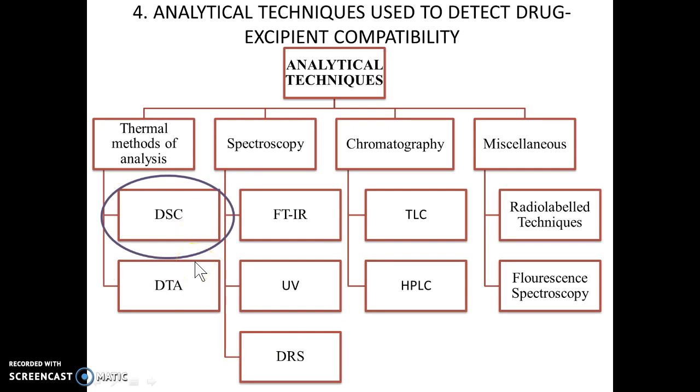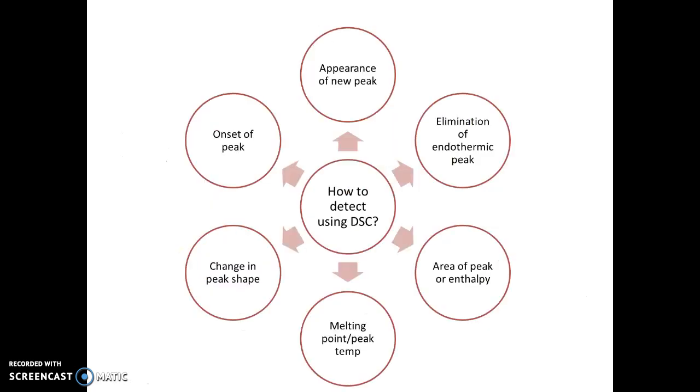So how are we going to detect incompatibility by using DSC? We all know about the basic thermogram of the DSC, and here we take the thermogram of the drug as well as the drug and excipient combination, and we observe these thermograms for the appearance of any new peak or disappearance of an already existing peak, and whether any change is there in the area of the peak or enthalpy, or any change in the peak shape, whether it has become more straight or wider, and the onset of the peak, exactly where it is starting, and the melting point, whether there is any change in the melting point or not.